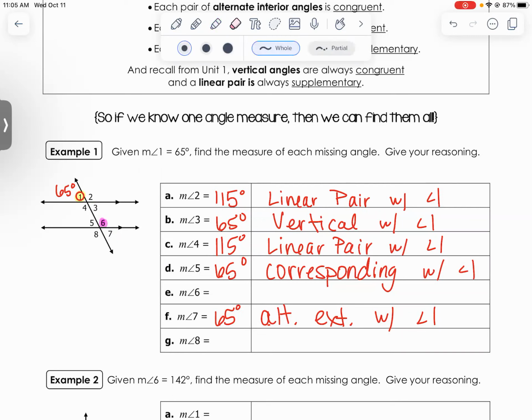Or we could say that angle 6 and angle 4 are what? We could say that they're alternate interior angles, right? And what's true about alternate interior angles? If angle 4 is 115, then so is angle 6.